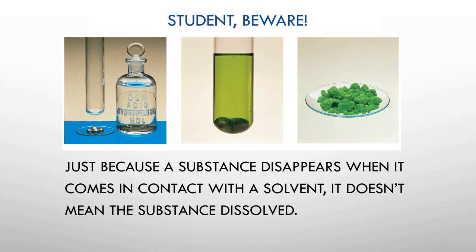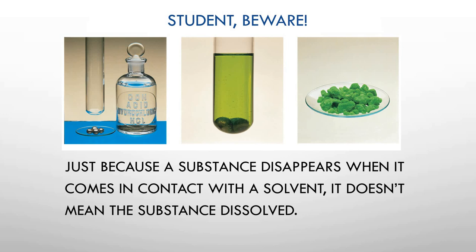So just because something looks like it disappears, we've got to be careful, because if I take a metal and I put it in hydrochloric acid, it will disappear, but I've got a color change, okay, number one, and when I dehydrate it, I get something new.